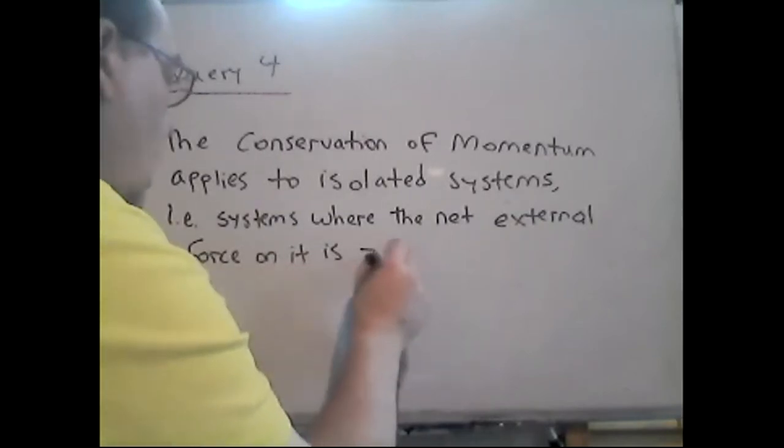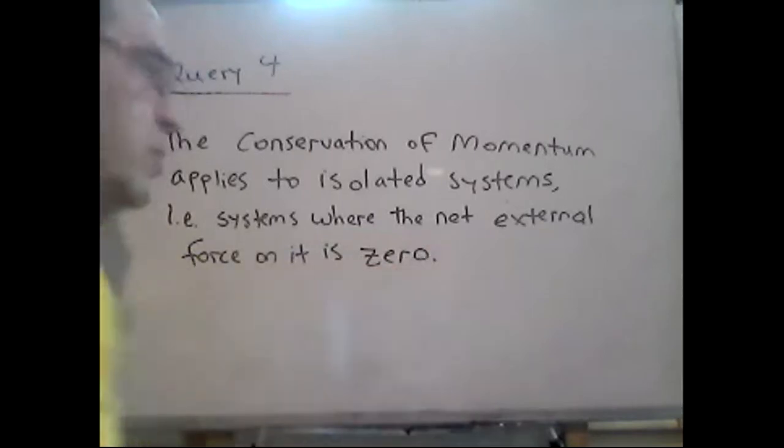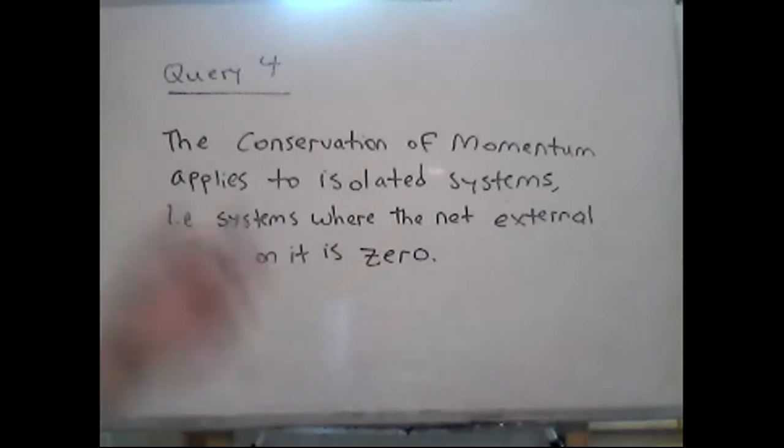Again, I did not say that there's no forces on it. It's just that whatever external forces to the system, whatever forces, they have to sum up to 0, the 0 vector. And that's query 4. Query 5, I talked about query 5. So that's really all I have.